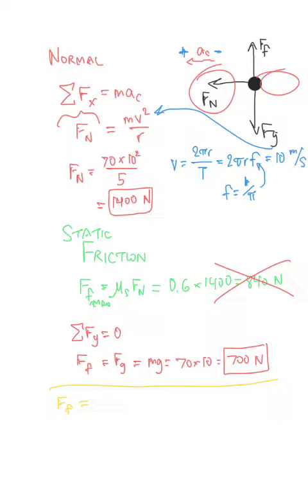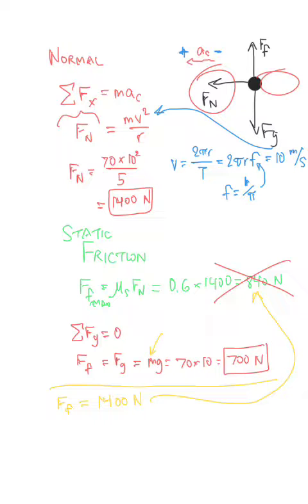Their frictional force, if this mass was twice as much, would be 1,400 newtons. Which, if you look at this compared to what we said up here, if the maximum frictional force is 840 newtons, this number, the 1,400 newtons, is bigger than that, which kind of implies the person would slide down the wall.